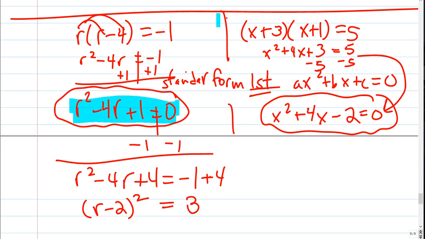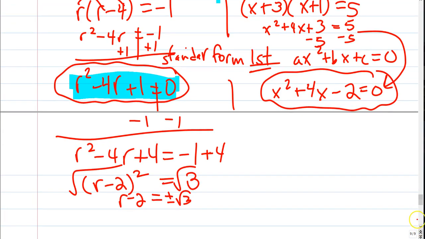That's it. That's the hard part. I'm going to expect you to be able to do this on the test. The rest of it's easy. To undo squaring, plus or minus root 3, adding the 2, 2 plus or minus the square root of 3. This would be a fair question on the test.